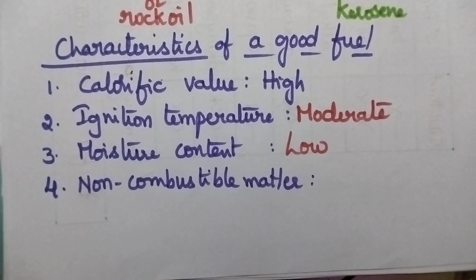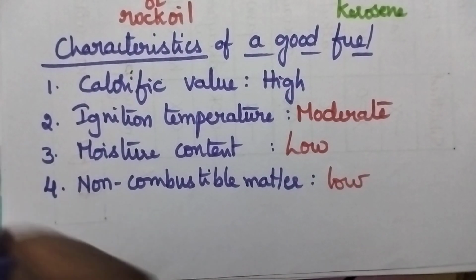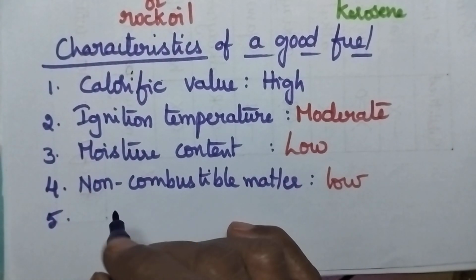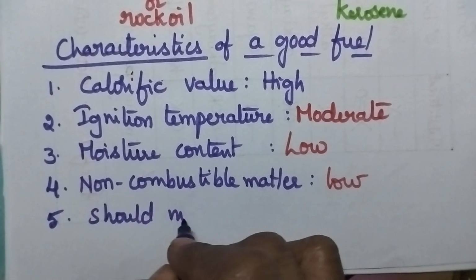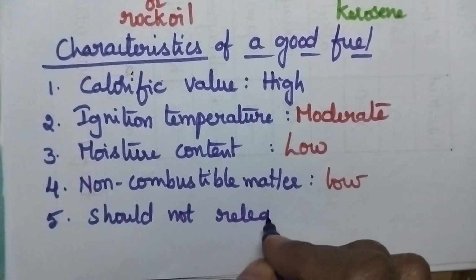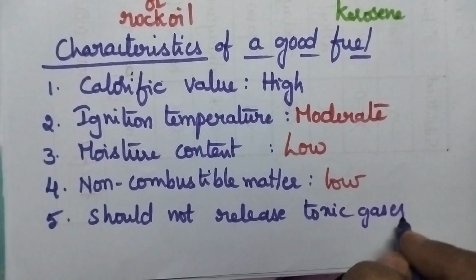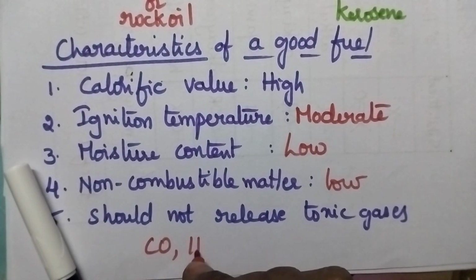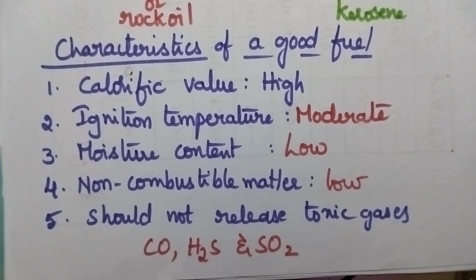So non-combustible matter should be low. On combustion, it should not release toxic gases such as carbon monoxide, H2S and SO2. These are the characteristics of a good fuel.